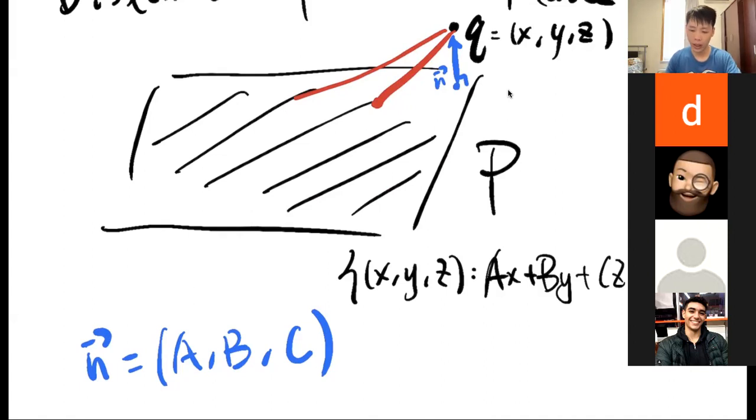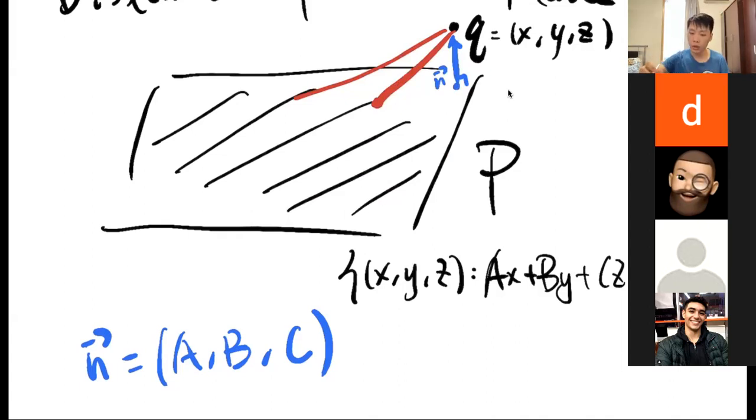What I want to say is that this normal vector does not necessarily go to the point Q. The picture I have in mind is that this is the normal vector that lies on the point x0, y0, z0, but Q is outside of this normal vector.